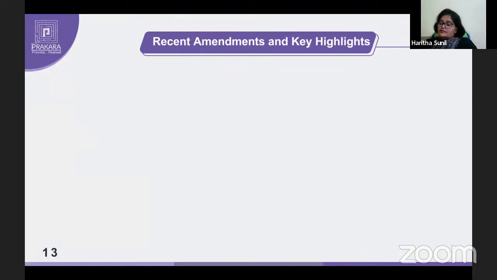So now coming to the recent amendments and the key highlights under this act. The pharmaceutical and cosmetic industries are rapidly evolving. Today, if you have 100 drugs, by tomorrow you get 110. It doesn't mean that within one day you get 10 new drugs, but for 15 or 20 long years the work has been done on them, and immediately tomorrow it is released into the market.